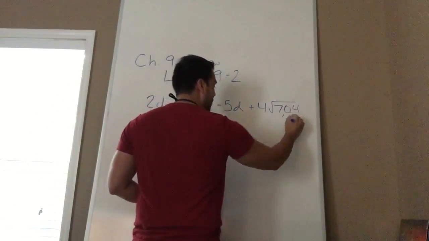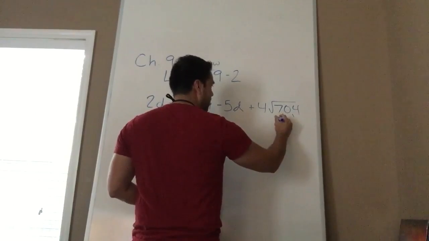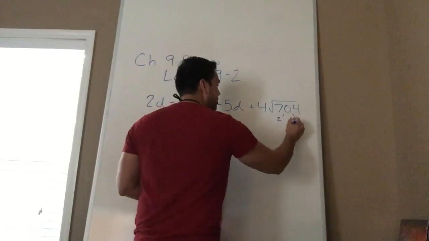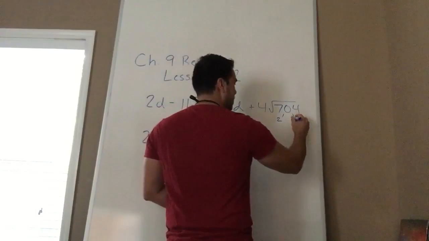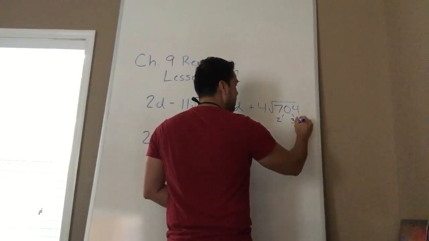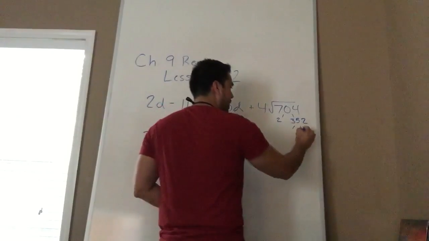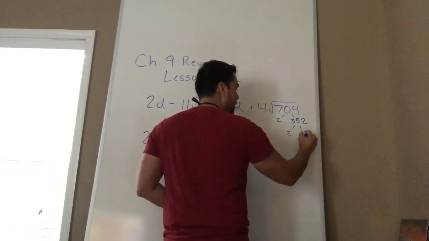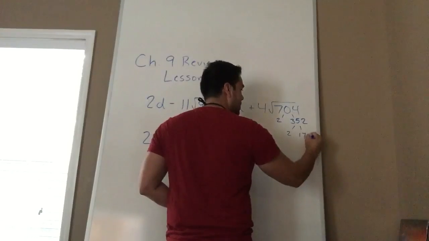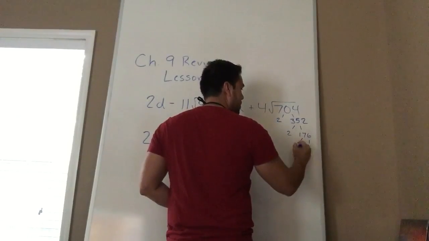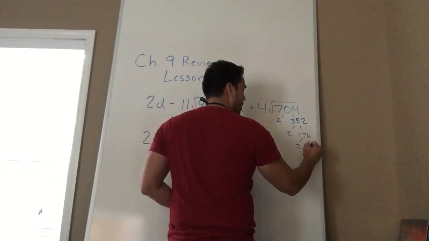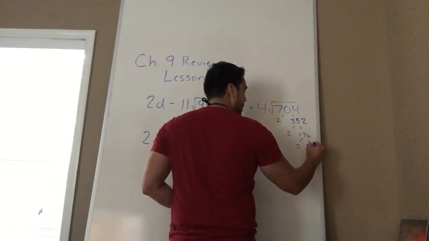Here, I'm going to guess that it can, so I have 2 that comes out, and so I'll get 352, and then I'm going to simplify that more, 176, and then 2, 88.